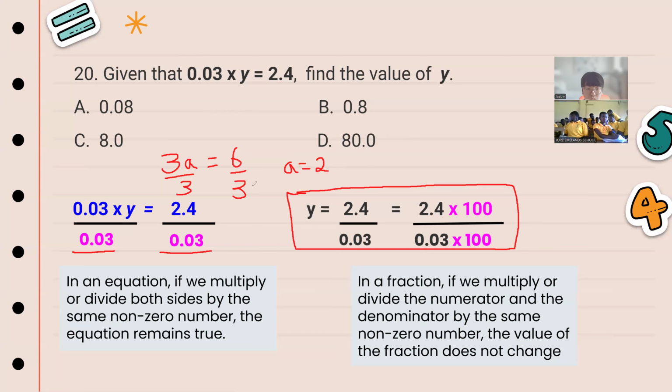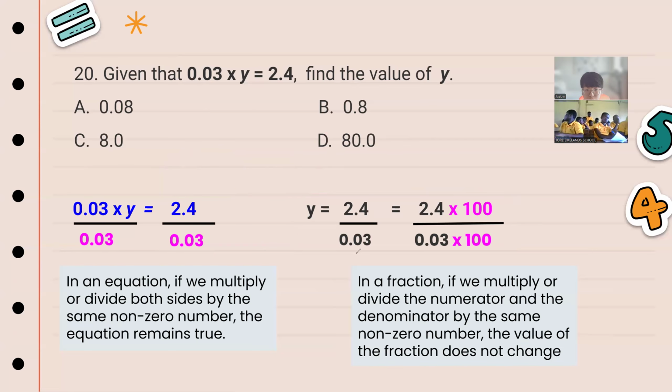We are just dividing by 0.03 on both sides. And then we can continue by multiplying 100 on both the numerator and the denominator. That's why we get 240 over 3.